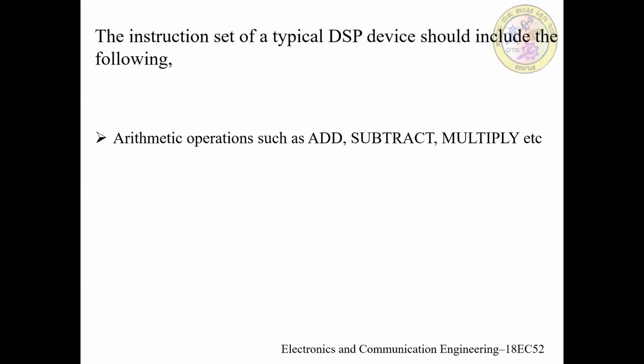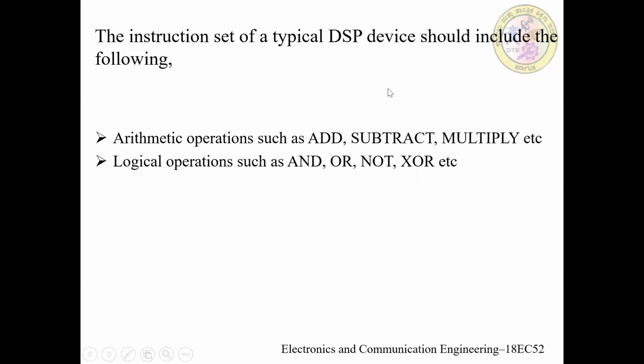Now, let us consider the instruction set of a DSP device. It should include arithmetic operations such as add, subtract, multiply, etc. Also, logical operations like AND, OR, NOT, XOR, XNOR.